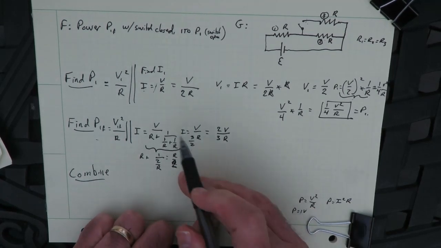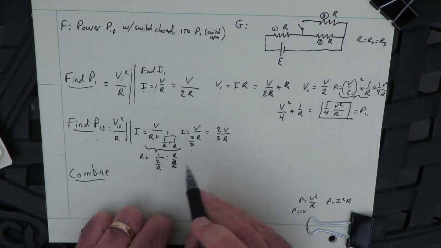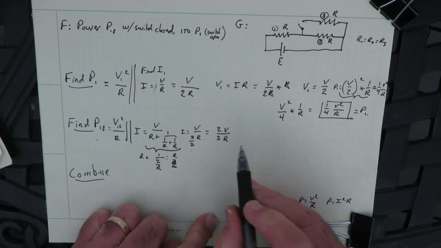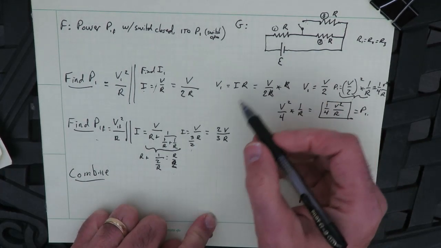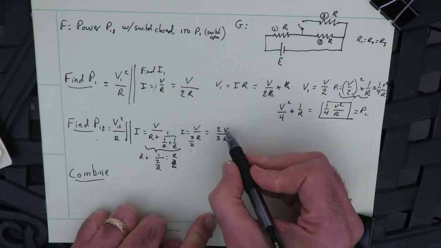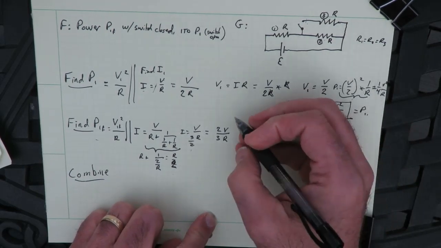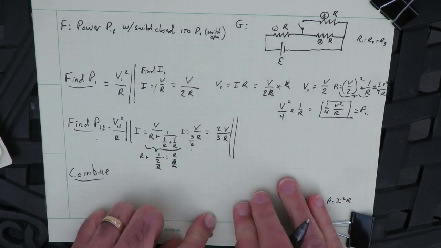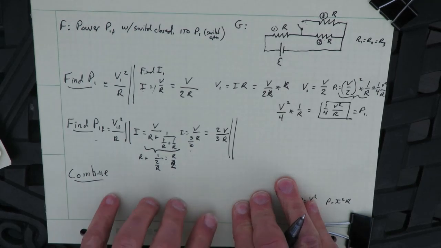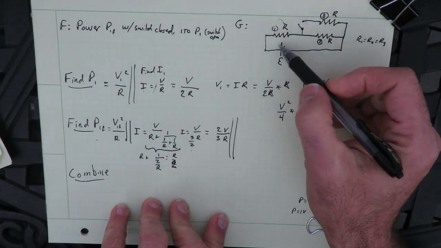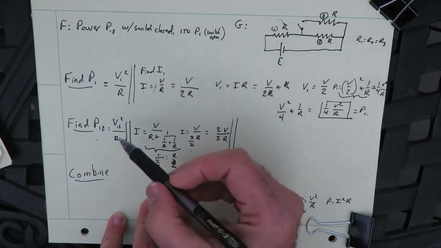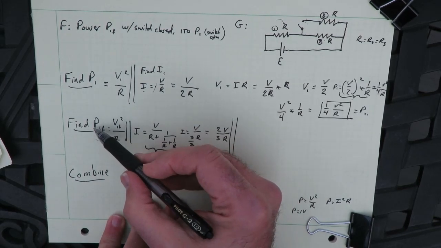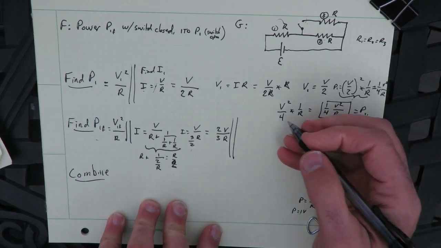You can pause it there if you need to work that out on your own, but that's what you should get as an intermediate step. So the current coming out of the battery with the switch closed is 2/3 V over R. Now we need to figure out what the voltage drop is across the first bulb, because we need that figure to figure out the power dissipated by the bulb.